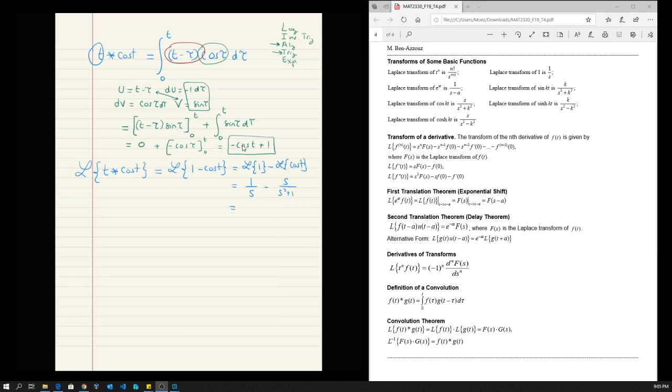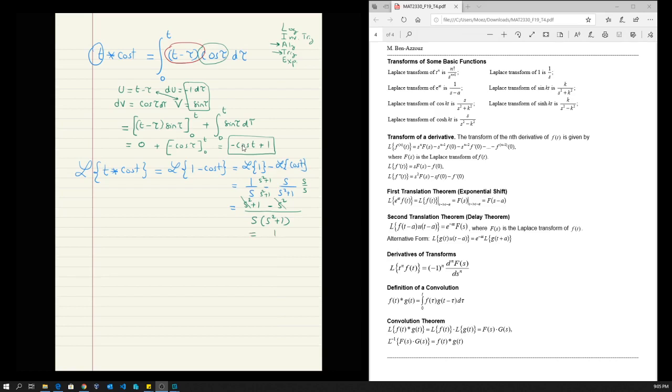We're not going to leave it like that. Let's make it into a single fraction. So I'm going to multiply by s over s, multiply by s squared plus 1 top and bottom here. So this becomes s times s squared plus 1. And up top I'll get s squared plus 1 minus s squared. So these cancel.